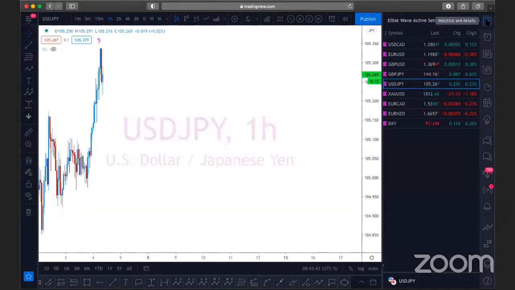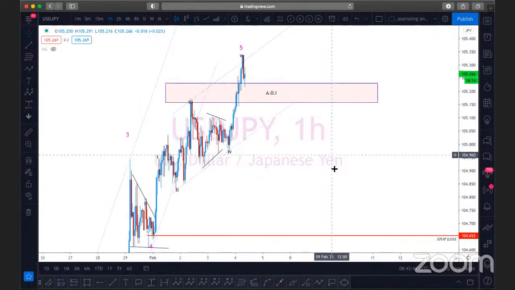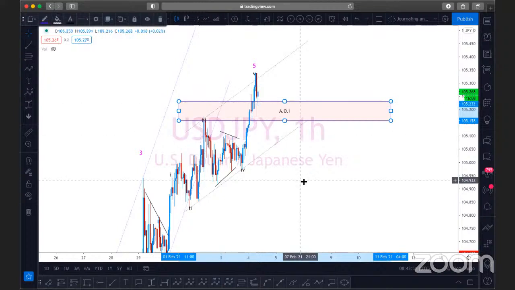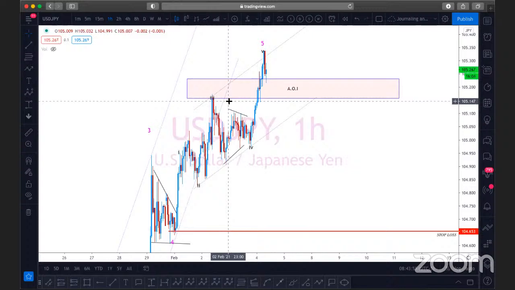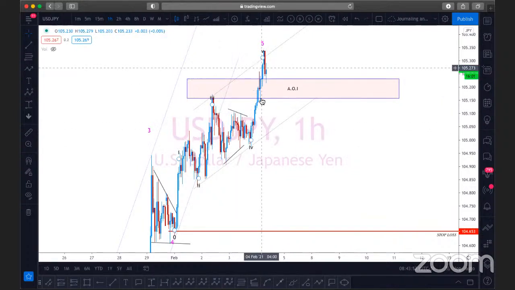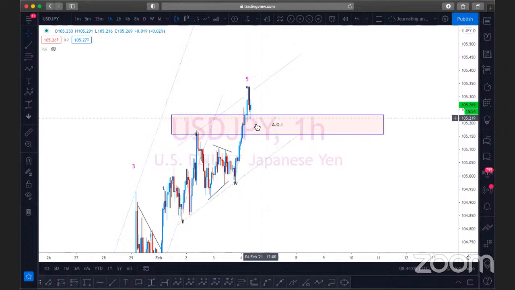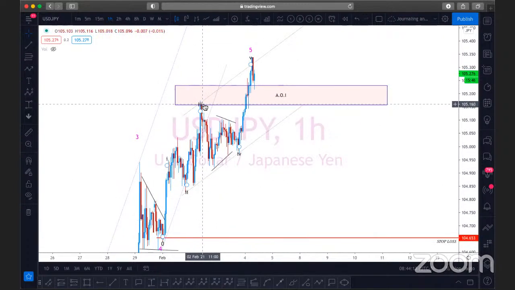For dollar yen, yesterday, again, I was saying that this little area would have been my area of interest. And we were expecting an ending diagonal to take shape and for the market to push higher. I initially had the invalidation point here, and we were looking for price to get below this low, and we'd be looking for sells, and we would have been able to identify here as a market top.